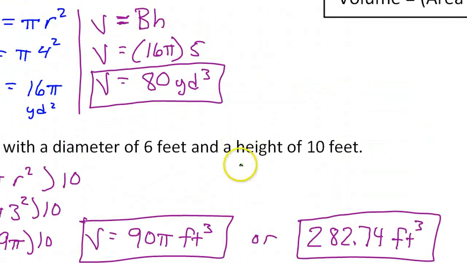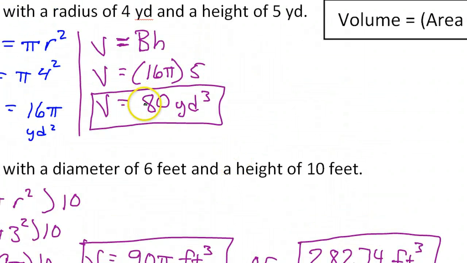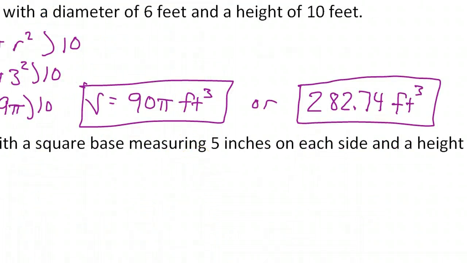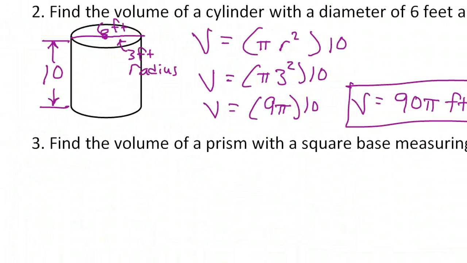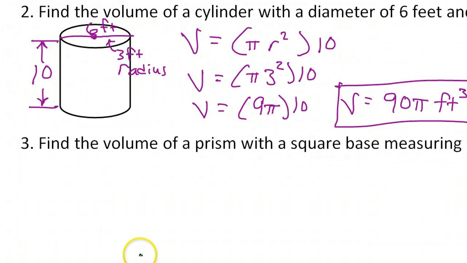On the previous problem I had 80, but there was no pi in there, so that was the only form. So let's not worry about that. That's it for number 2.